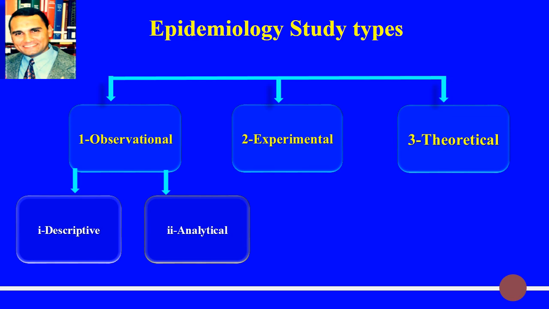Theoretical means hypothesized. In observational studies, nature is allowed to take its course as we observe from the sidelines. Conversely, in experimental studies, we control all the factors entering a certain case study.